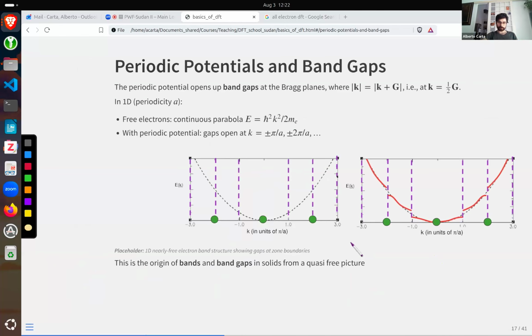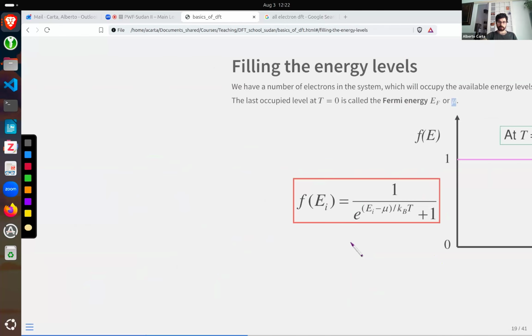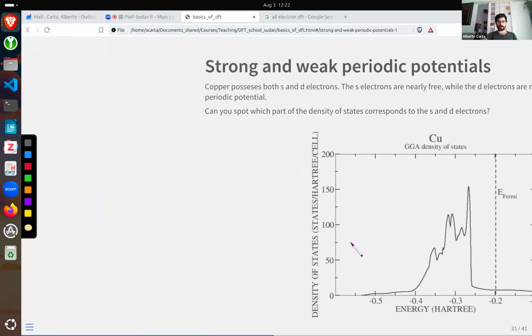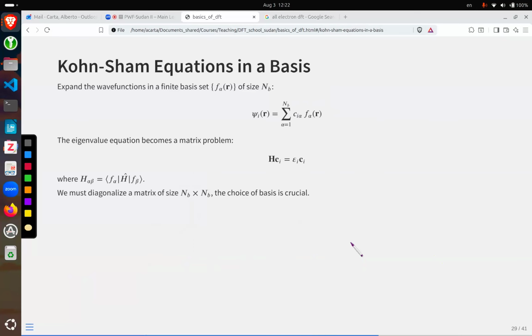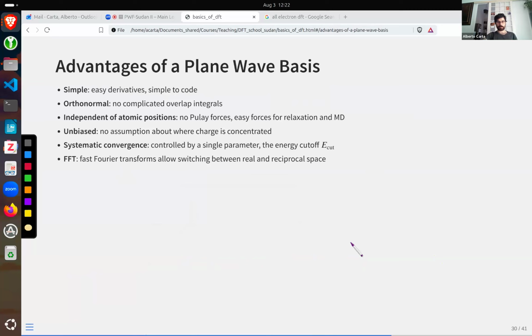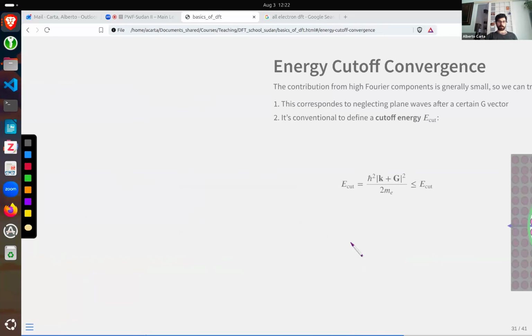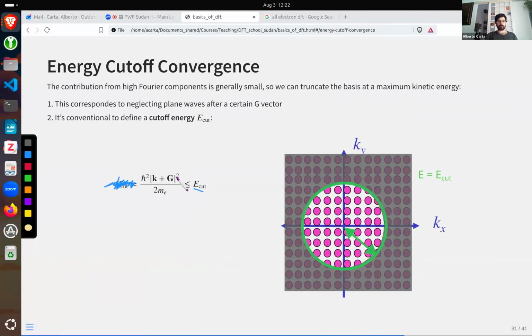So by truncating the G vectors, you are basically saying at some point, okay, I want to stop here. I don't care about states that are more localized than this amount. I can forget about describing states from this energy onwards.